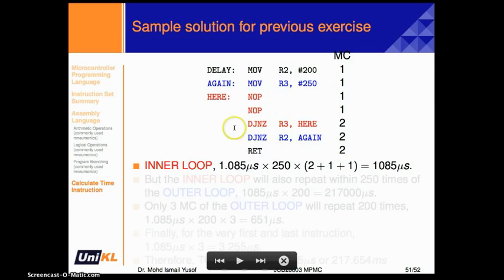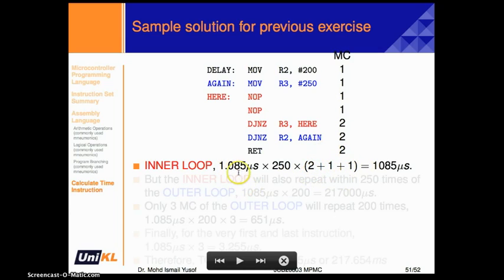For the inner loop, because the crystal frequency is 11.0592, one machine cycle is 1.085 microseconds. Because these instructions repeat themselves 250 times, we multiply it by 250, and observe that the machine cycles are 2, 1, 1, so the total is 4.